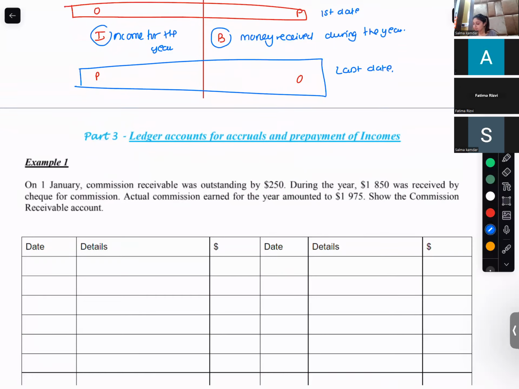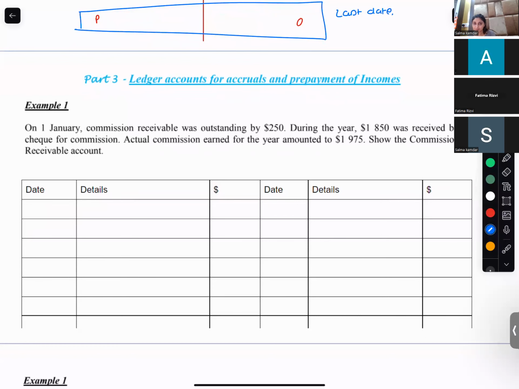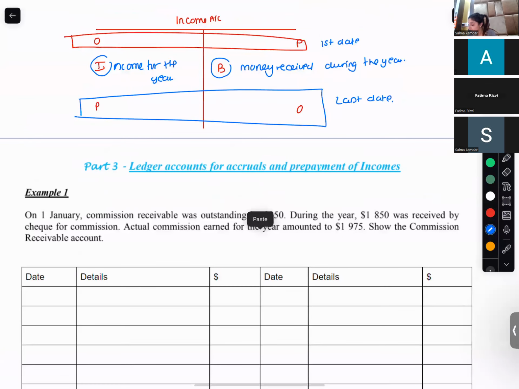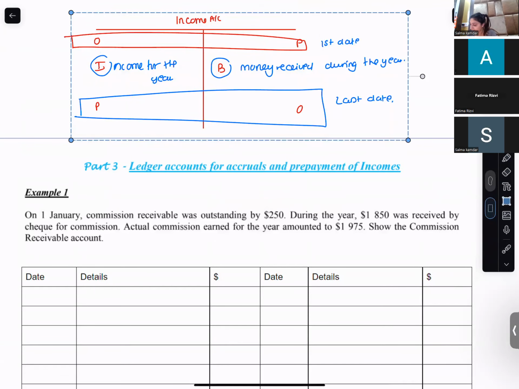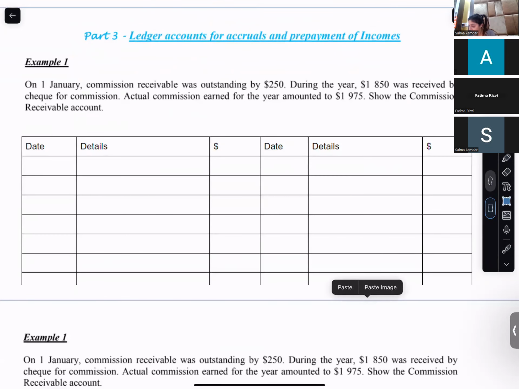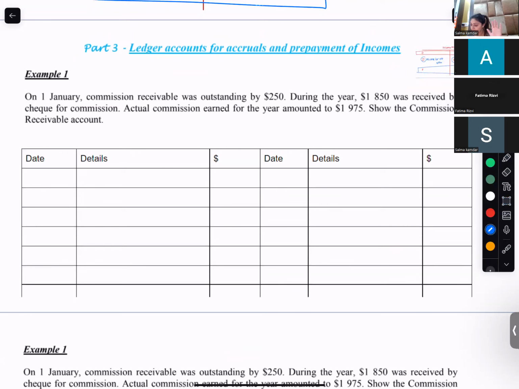Yes. I will go to this part of the ledger account. Please read the question. On 1st January, commission receivable was outstanding by $250. Before doing anything, I will write OPOP IB.